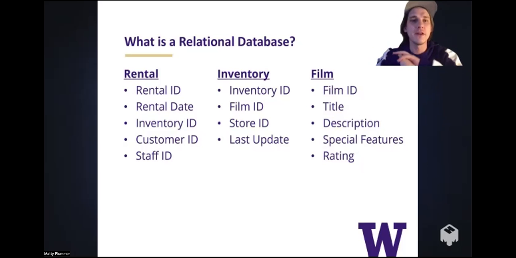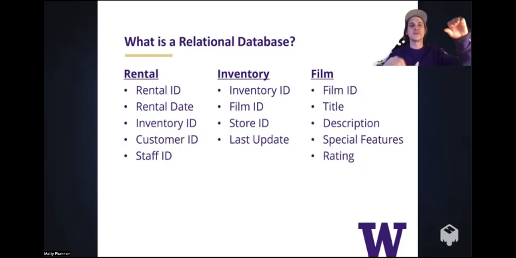Simply, you could just think of like values. This value is the same as this field in a different table, and we just have to connect them. So between these 3 tables, each one of these columns represents a table. How would we connect the rental table to the film table?